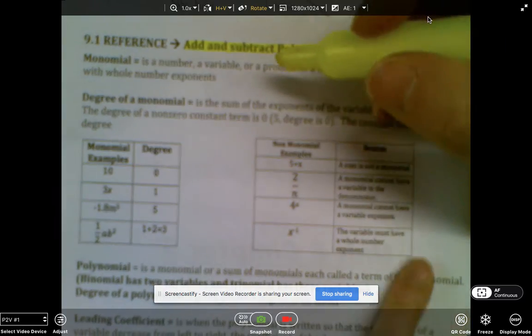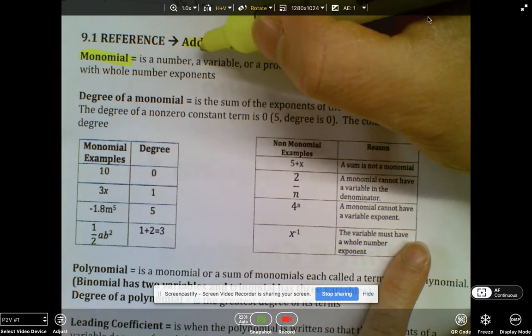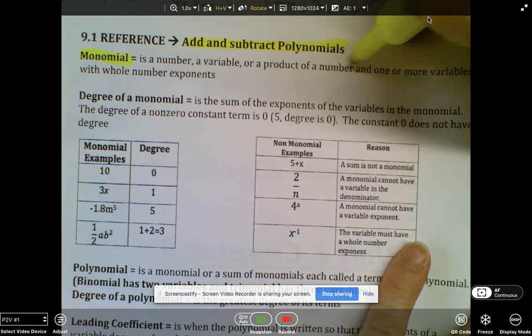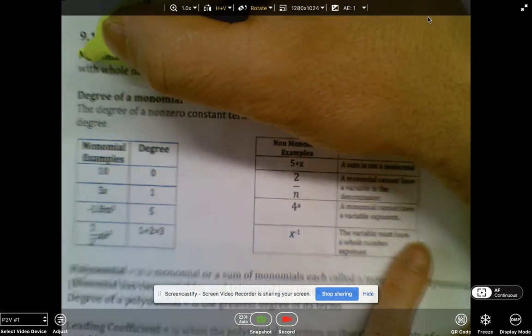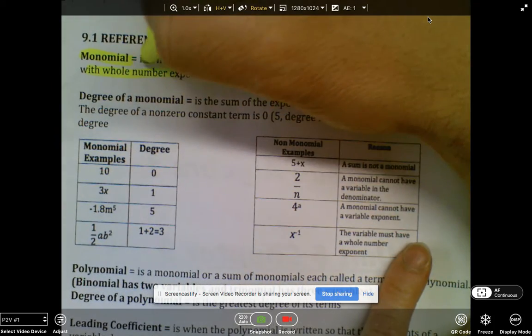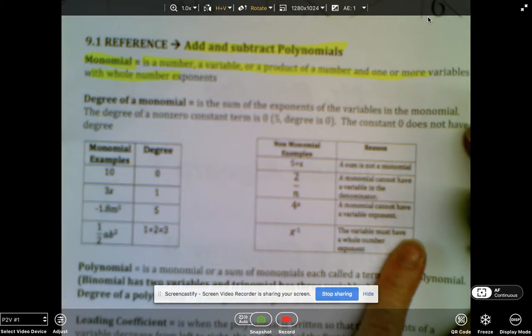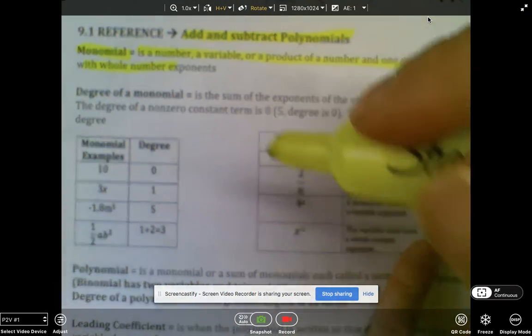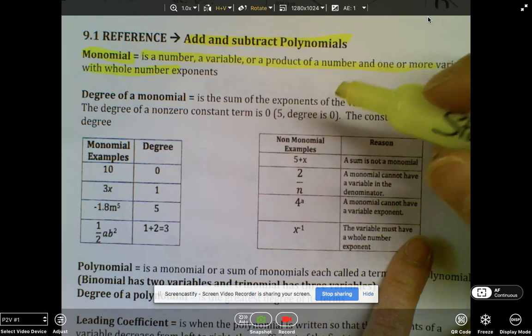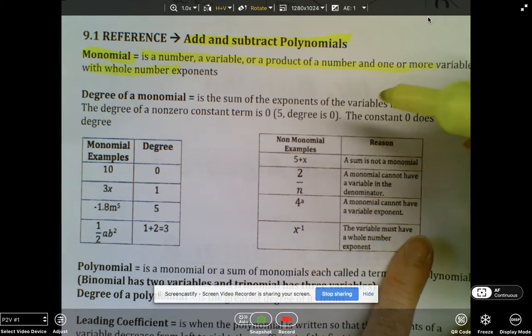Okay, so a monomial is a number, a variable, or a product of a number and one or more variables with whole number exponents. Basically each monomial has different degrees. Before we even talk about the degrees, let's look at examples of what's a monomial and what's not.